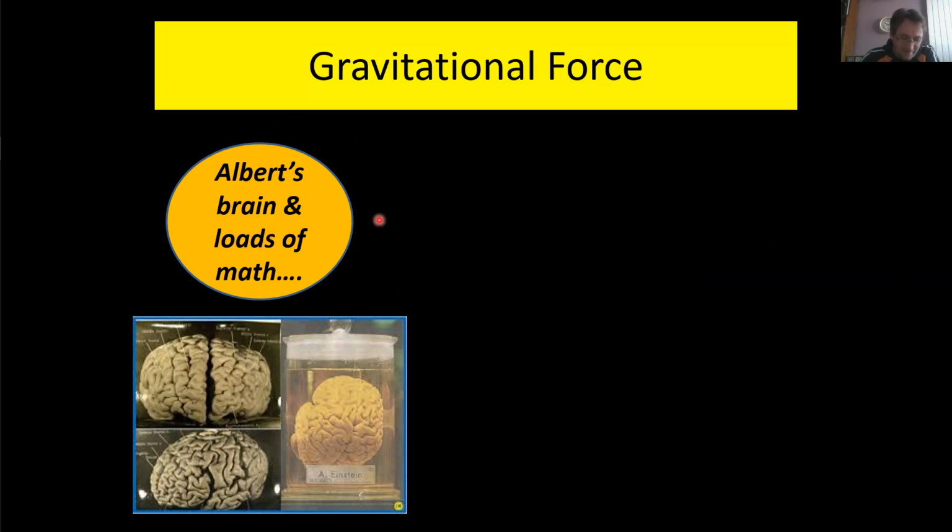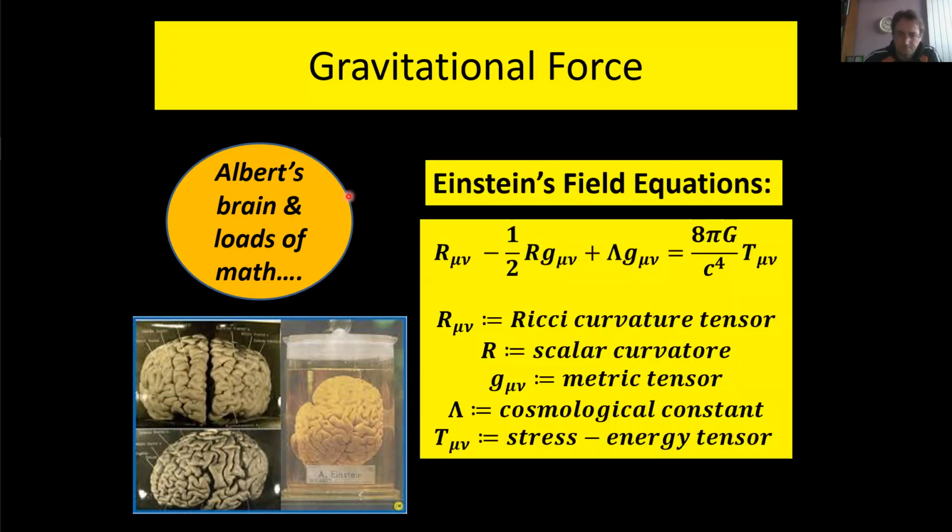So you take Albert's brain and loads of mass, differential geometry, mostly, and then you end up with what is called Einstein's field equations. No worries, no worries. This is just to show you how this equation looks. Essentially, what we have here is the Ricci curvature tensor, which essentially gives us the properties of the geometry of space, how bent it is, how twisted, minus something, a scalar.